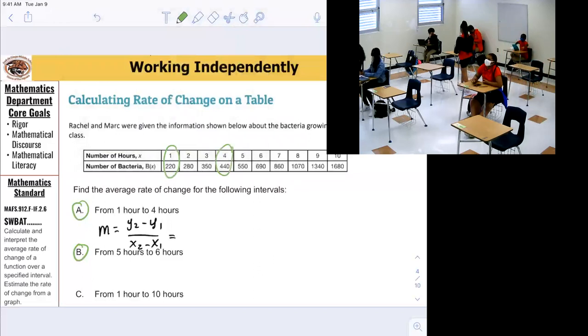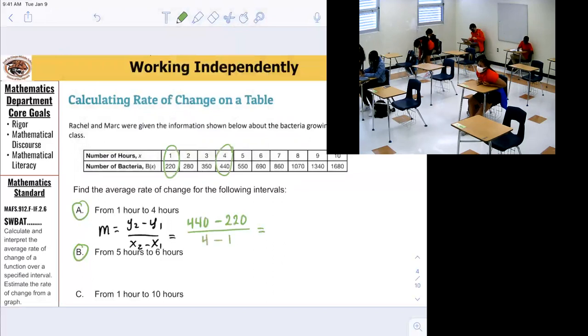All right, let's do letter A real quick. For letter A, what's my Y2? 440. Good. Y1. 220. Good. X2. 4 minus 1.